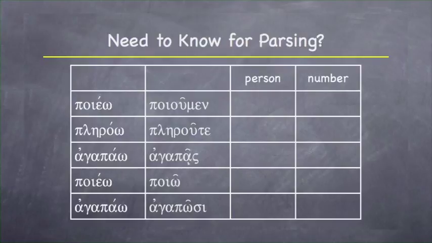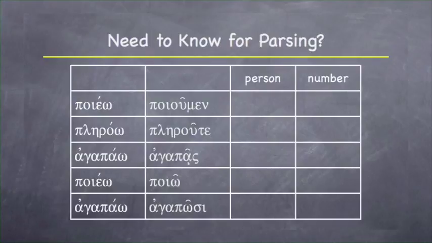You see a form like agapas, and you go, well, I memorized agapao. And boy, that's a little harder, isn't it? But you do know that on the second person singular ending, ace, epsilon, iota, sigma, you know that iotas can subscript under long vowels, and so you might be able to figure out that's the second person singular, which of course is what it is. If you saw poio, you may have memorized it as poieo.